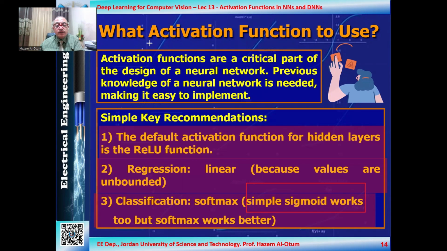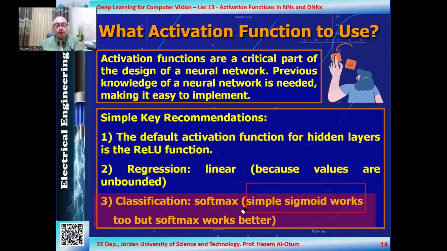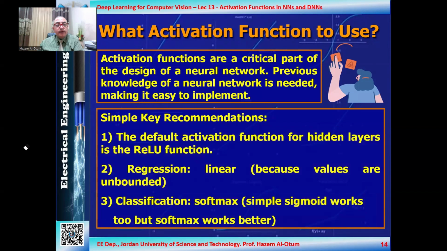When you change this piece or that piece by replacing the activation function, you may get some improvement that cannot always be explained. You may just give generalizations. So these are general recommendations, not very specific, but they work very well in neural networks in general.